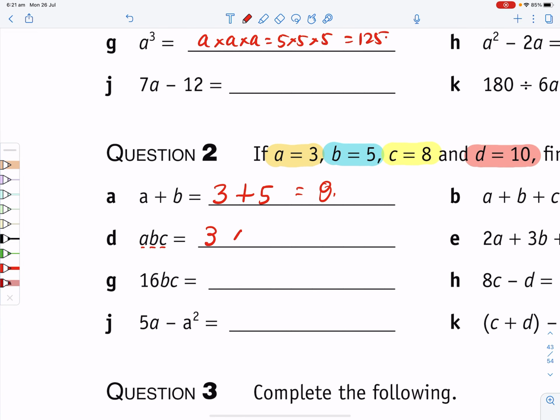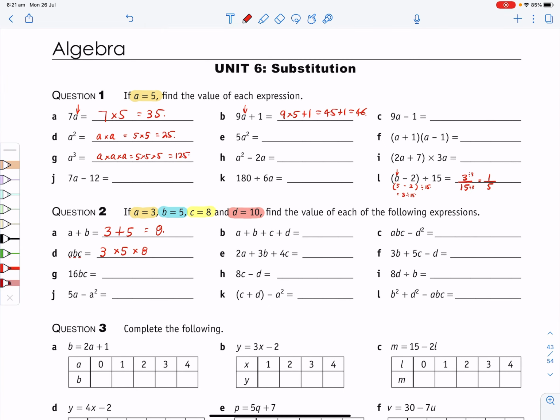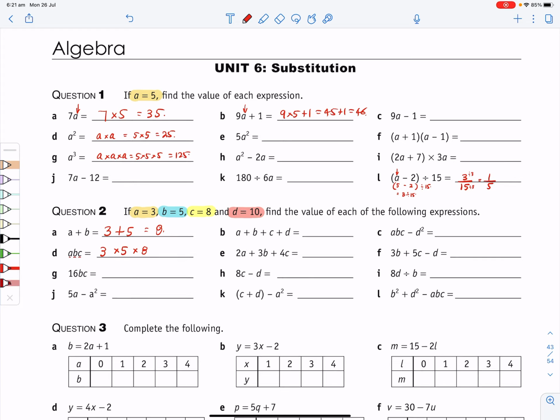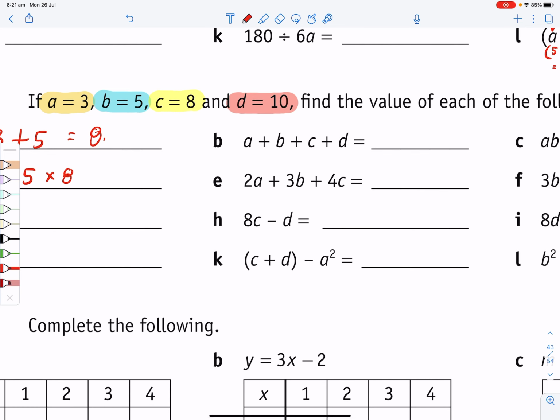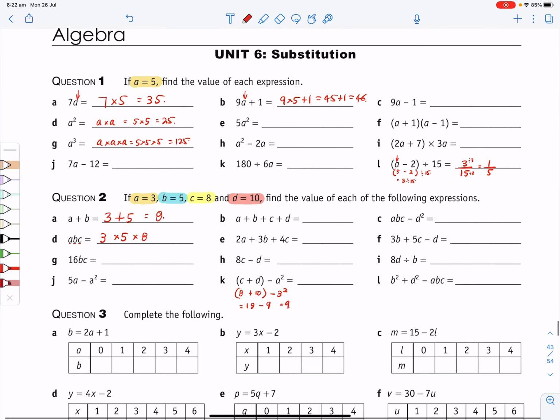So a times b times c. Even if I come down to question K, you've got c plus d, in other words 8 plus 10 in brackets, minus a squared, which is 18 minus 9, which is 9. Fairly straightforward, okay? Just sub the numbers in exactly the way that you see them.